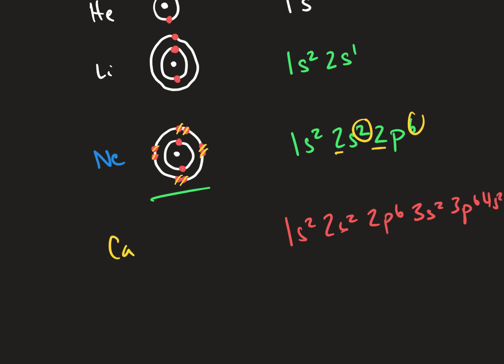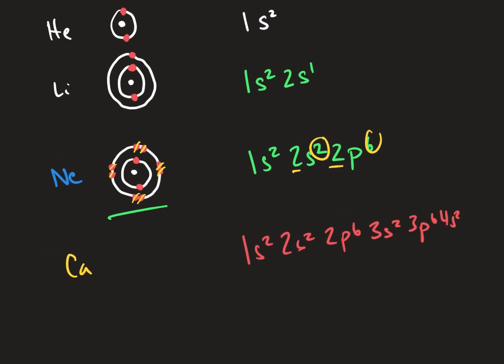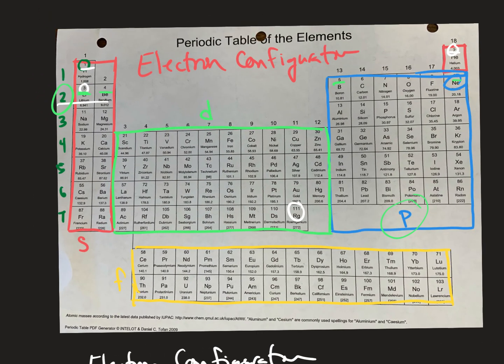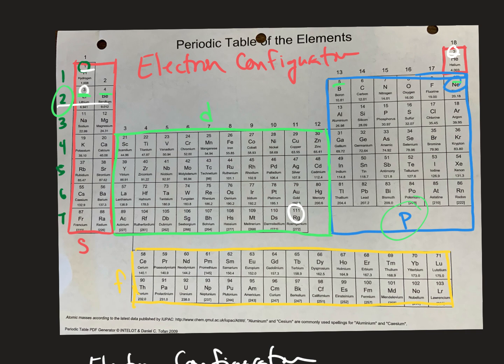Okay, so I'm going to write that up here so I don't have to keep going down. So we got 1S2, 2S2, 2P6, 3S2, 3P6, and 4S2, right? Here we go.